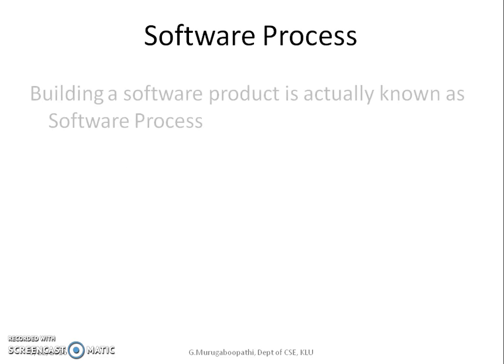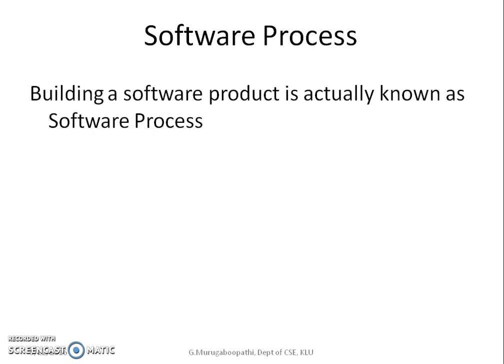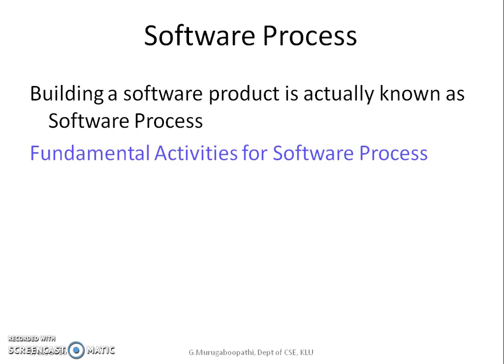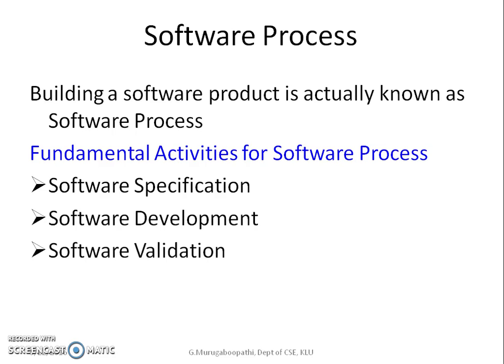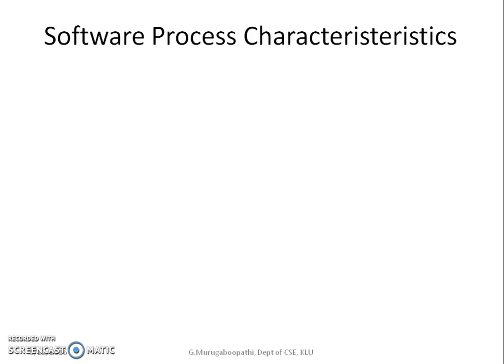Building a software product is known as the software process. The software process has some activities like software specification, software development, software validation, and finally software evaluation.